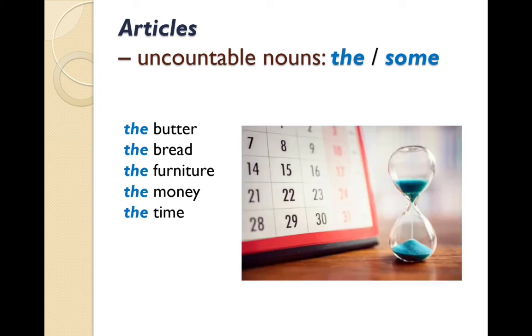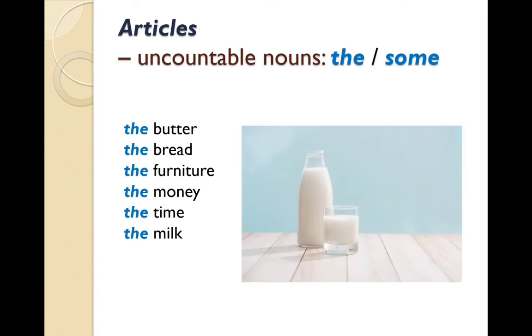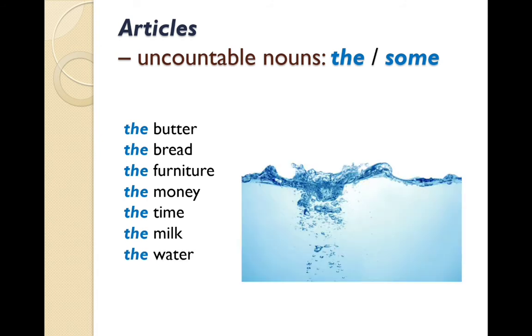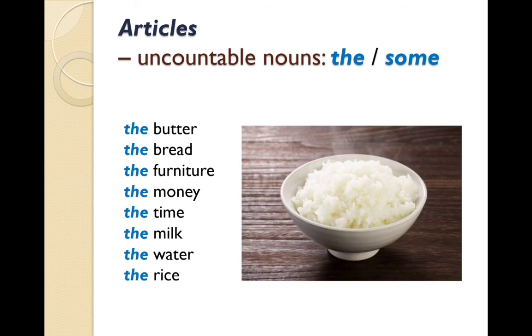The time, again, the individual parts are countable. A minute, an hour, a day, a week, but time as a general concept is uncountable, so we say the time. The milk, the water, the rice.